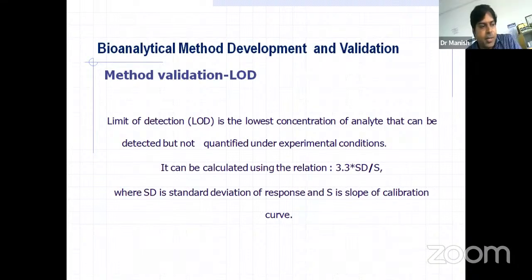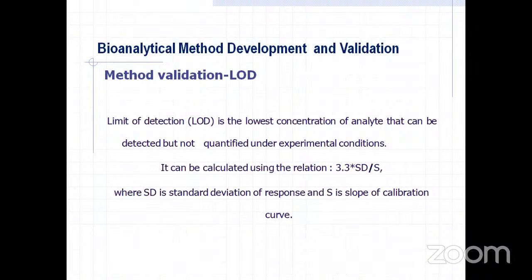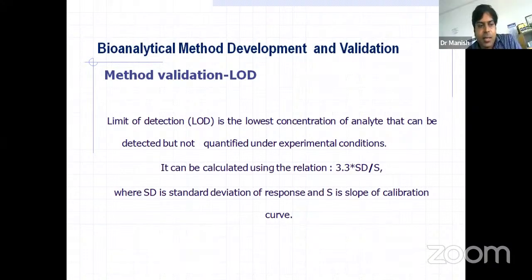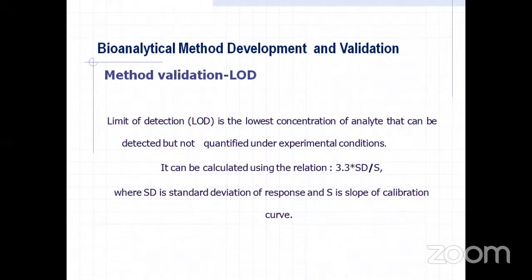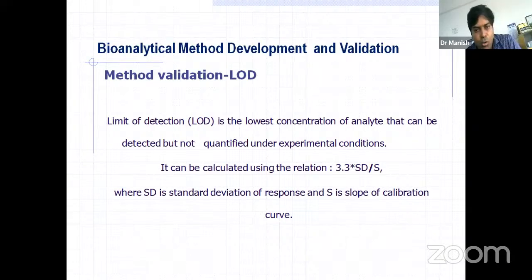If you want to prepare LQC, that is the lower quality control standard, it should be 2 times the first concentration. Is it clear? C1, 2 times of C1, that is the first calibration standard. Generally, we term it LLOQ, lowest limit of quantitation.